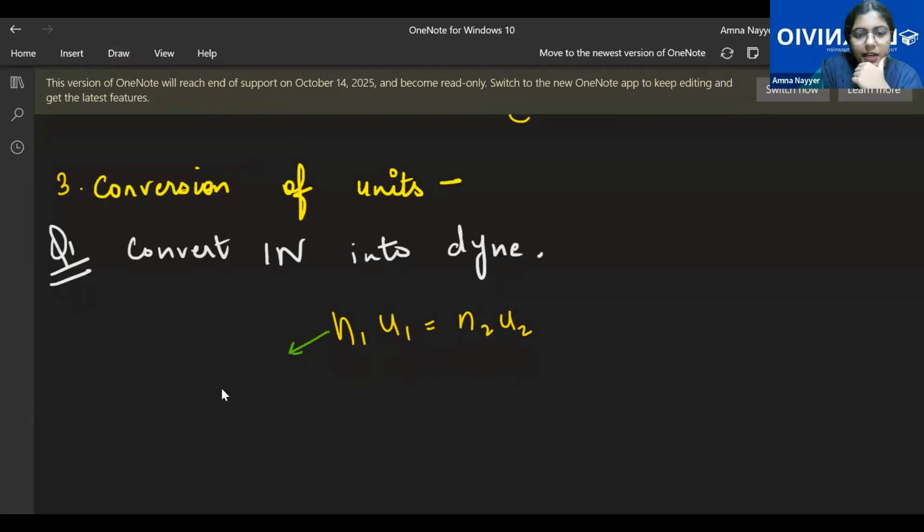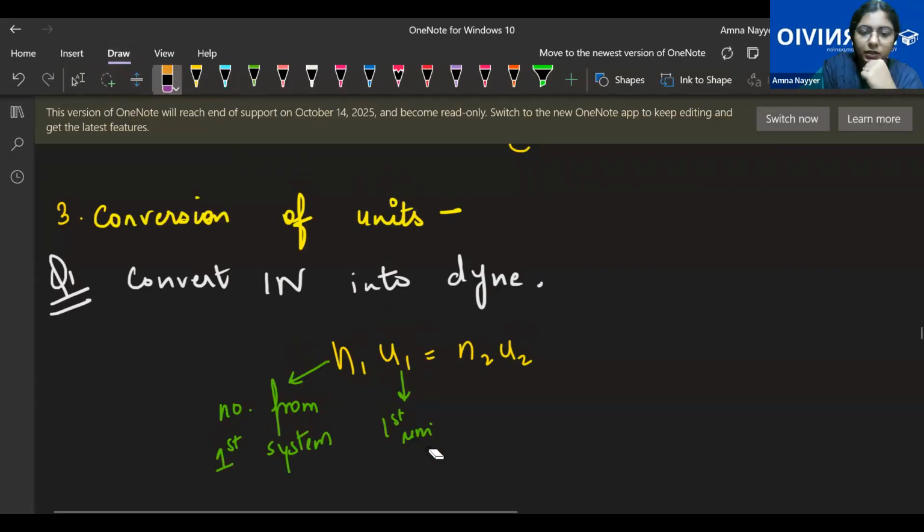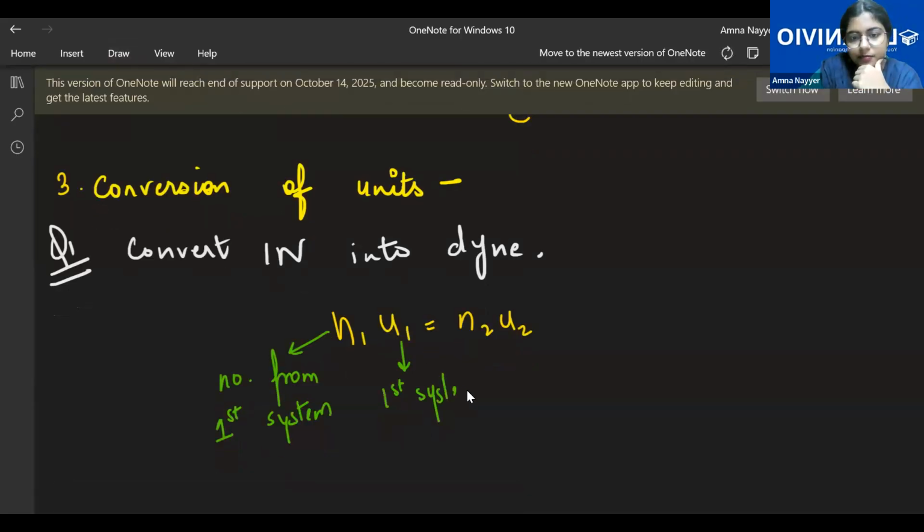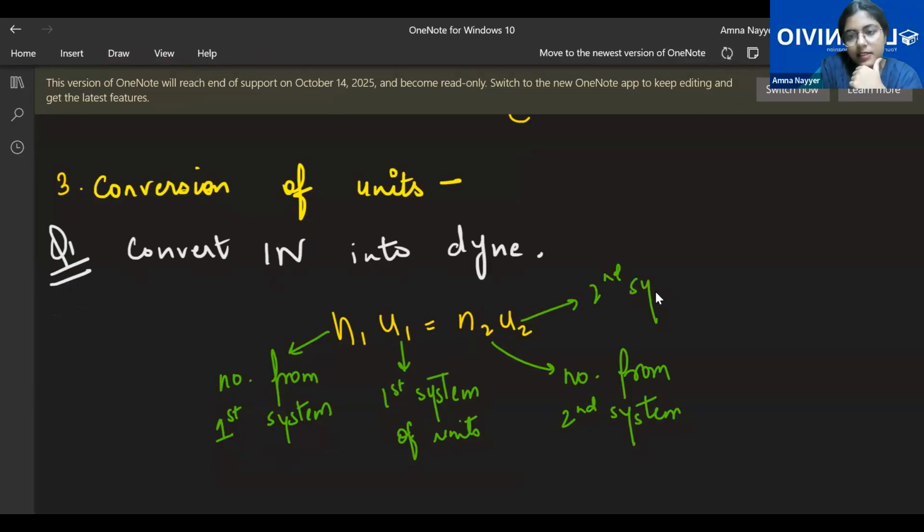N1 means the number from the first system of units, and U1 means the first system of units. N2 means the number from the second system, and U2 means the second system.